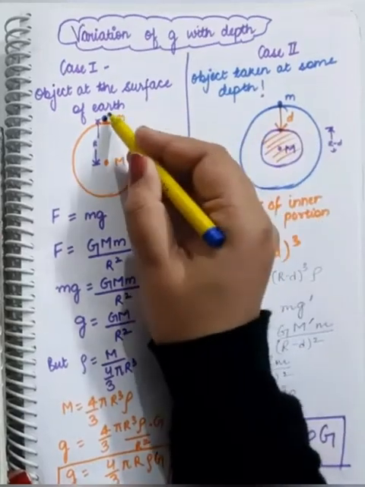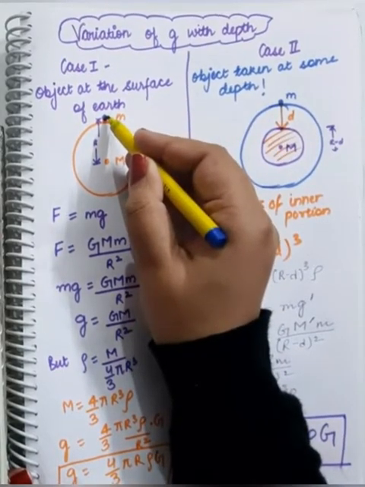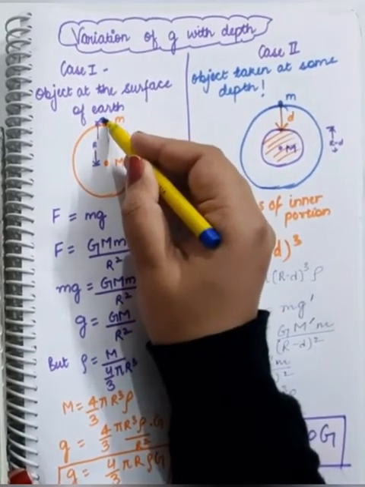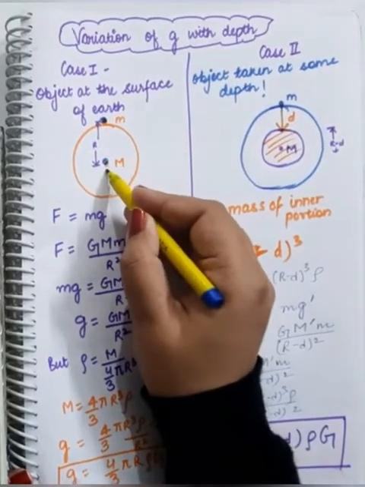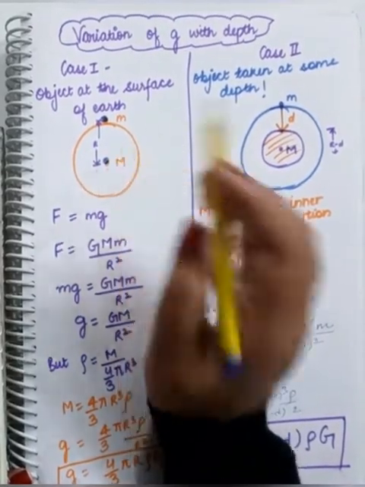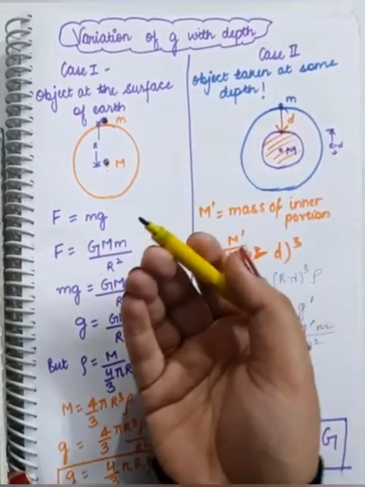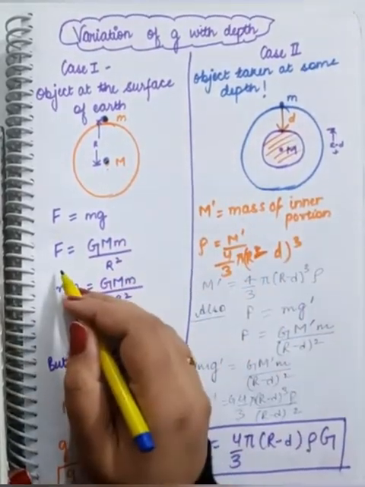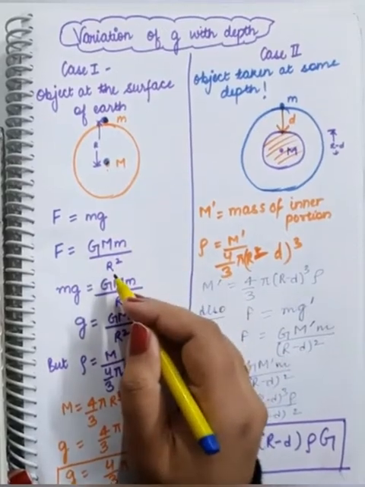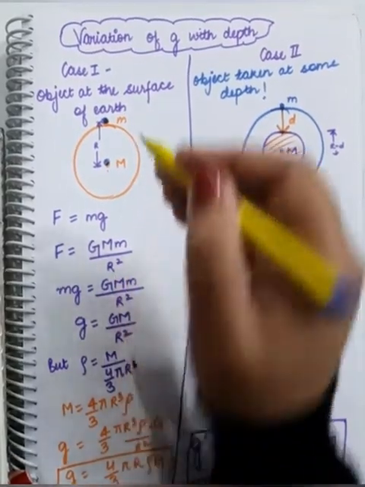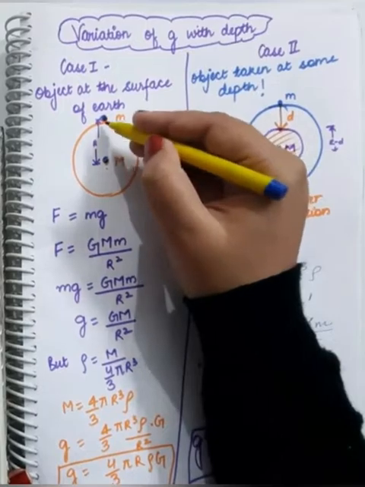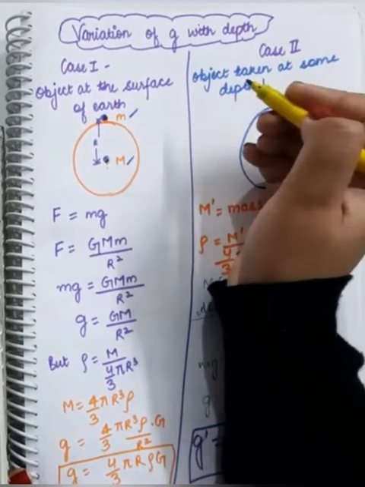In case number one, when the object is on the surface of the Earth, it is going to experience gravitational force because of the mass of the Earth. And since it faces the gravitational force, the value of that force will be equal to GMm/R². This R is basically the distance between this mass and this mass, right?